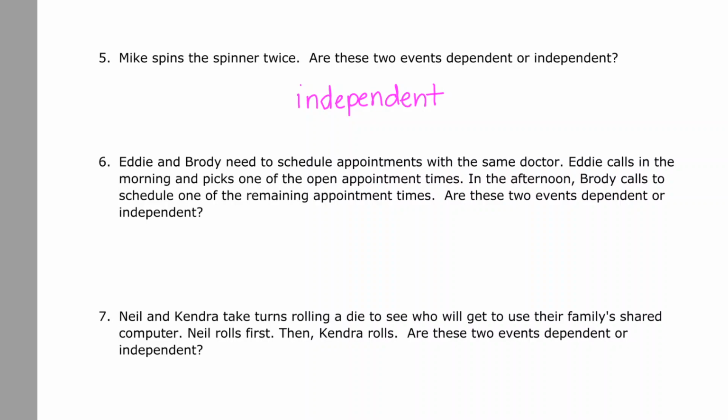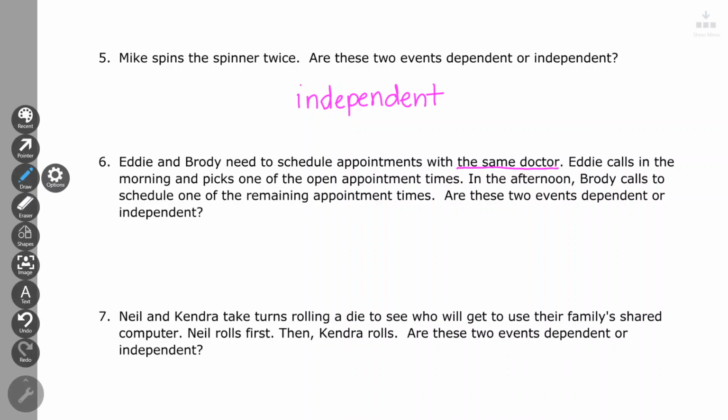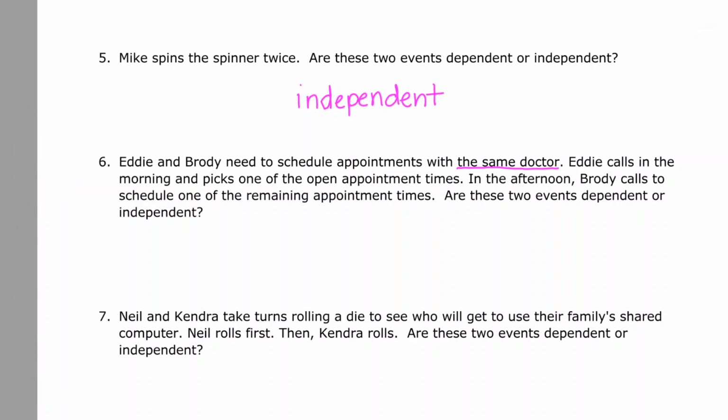Number 6, Eddie and Brody need to schedule appointments with the same doctor. Okay, that's important information. They're going to the same doctor. Eddie calls in the morning and picks one of the open appointment times. In the afternoon, Brody calls to schedule one of the remaining appointment times. Are these two events dependent or independent?